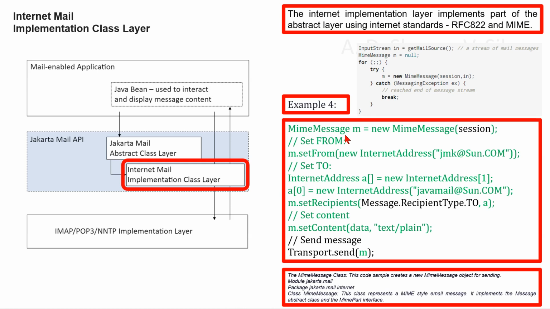It can override the getContentStream method. The client can also use the default constructor to create a new MIME message object for sending.